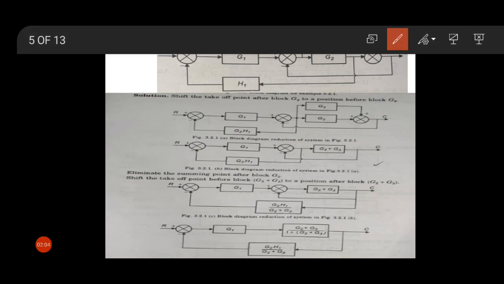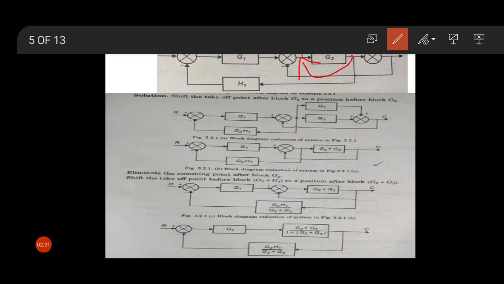Now come to the next problem. This is our next problem. In this case, first we shift this take off point from here to here, that means this position from here to here.